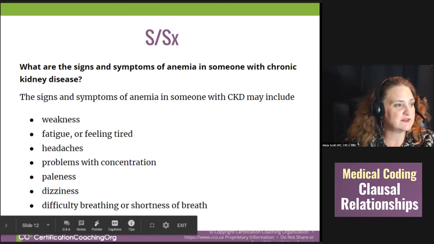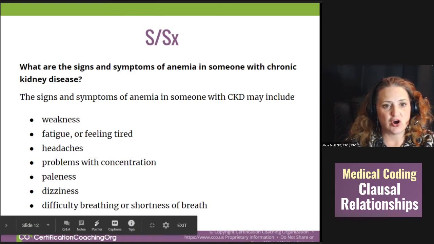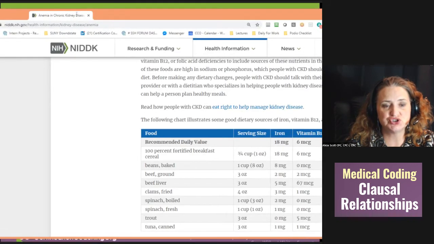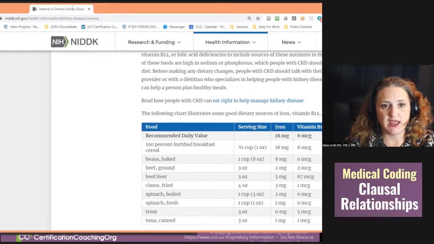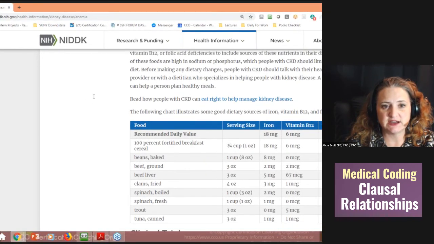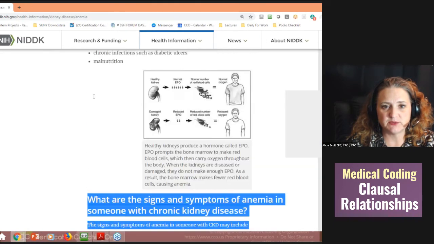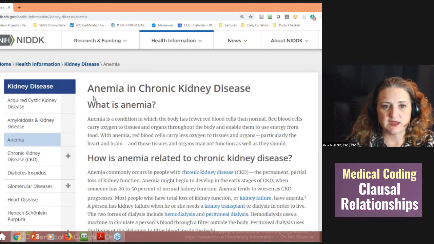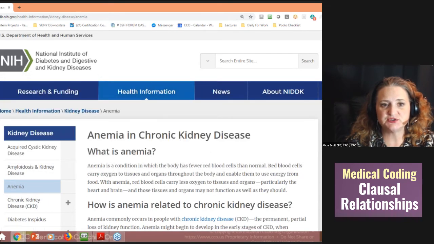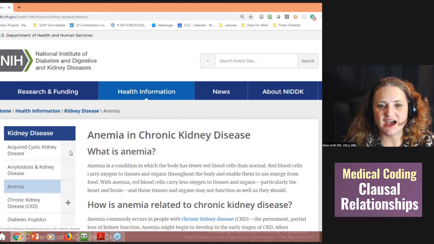So let's look at this particular article that I felt was so good, and it is the NIDDK. Let's move up here to the top so you can get more information from this. It's the National Institute of Diabetes and Digestive and Kidney Diseases, right? So that's all they do. And anemia and chronic kidney disease.